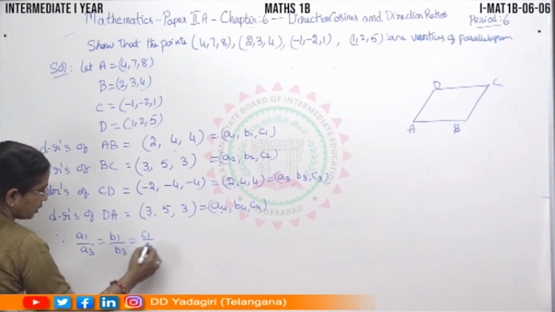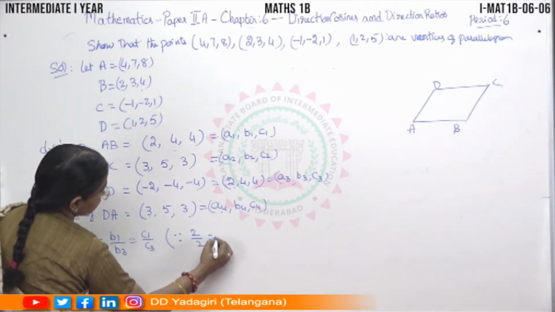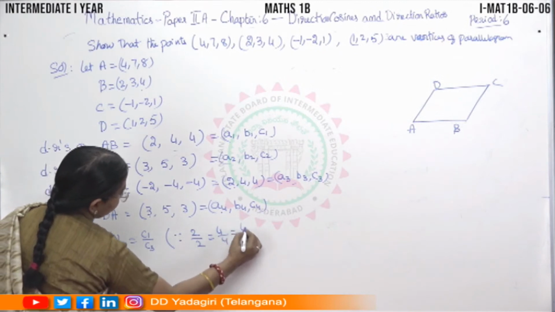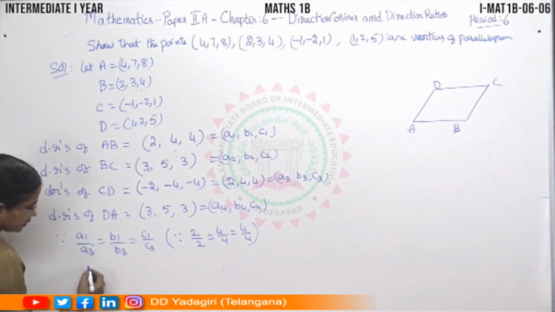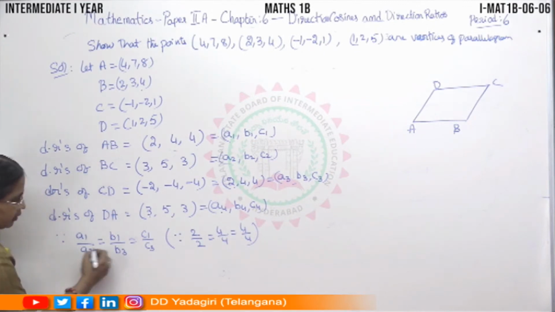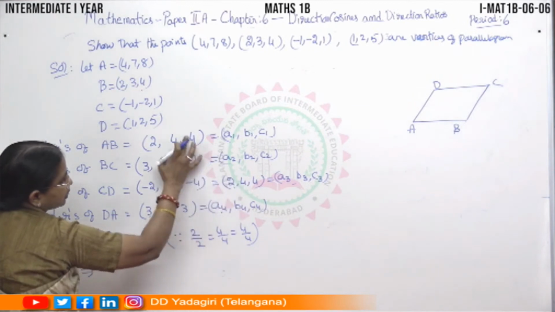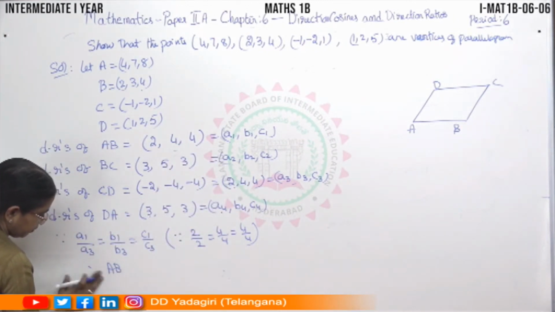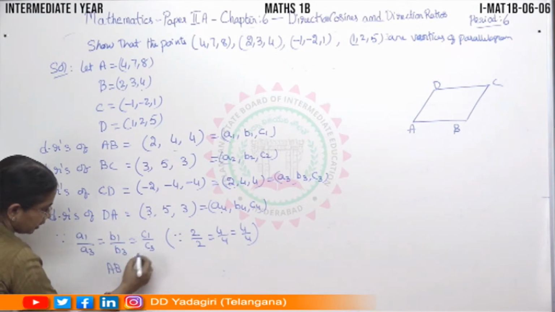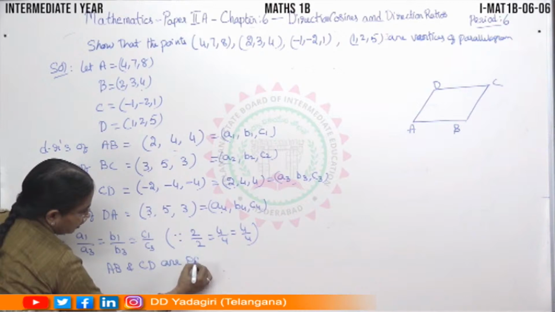You can see because 2 by 2 is the same as 4 by 4 is the same as 4 by 4. Because they satisfy this condition, since they are equal, AB and CD are parallel.